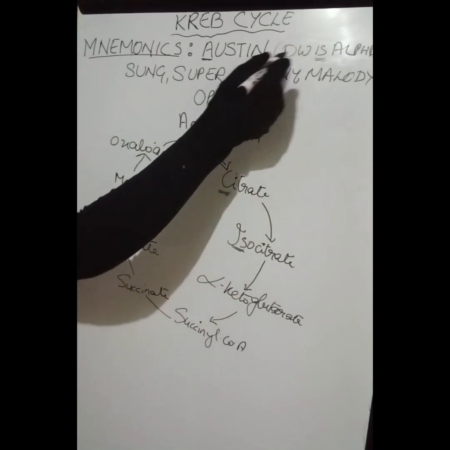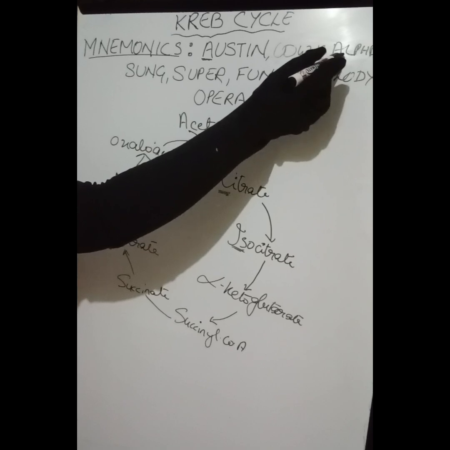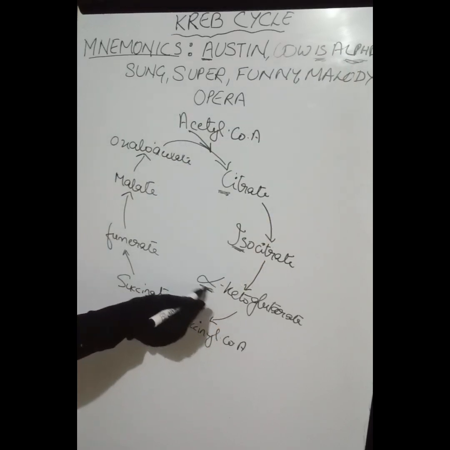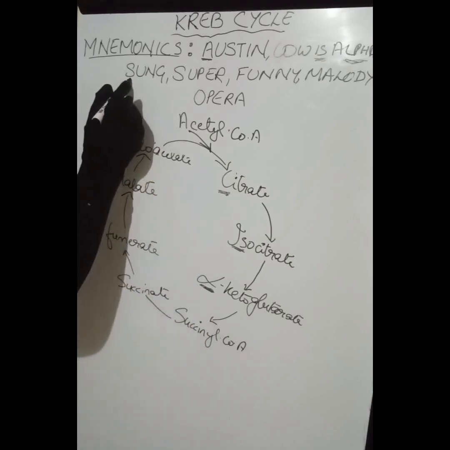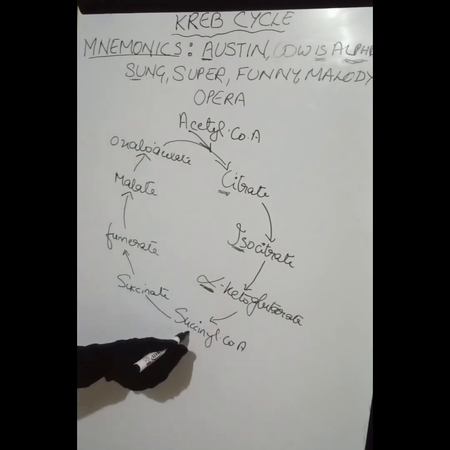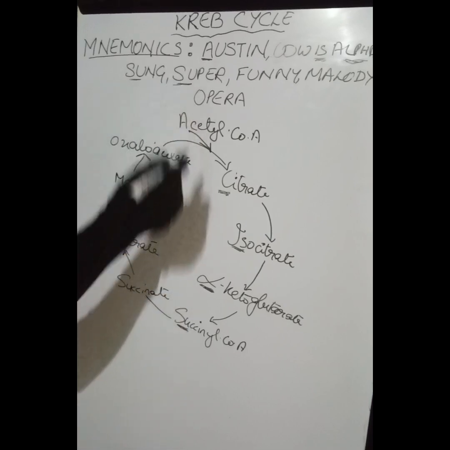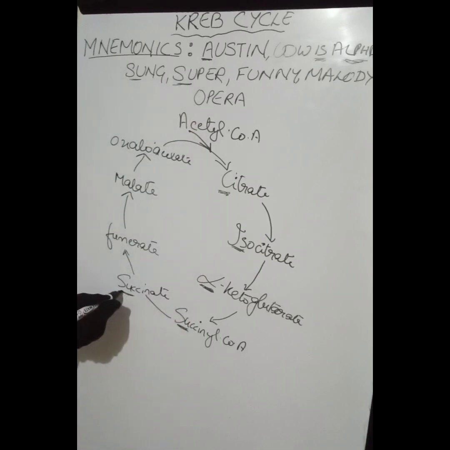Now, Austin cow is alpha. Alpha is nothing but alpha-ketoglutarate. Is it this simple? Next, some: SU is nothing but succinyl-CoA. Super, again succinate.